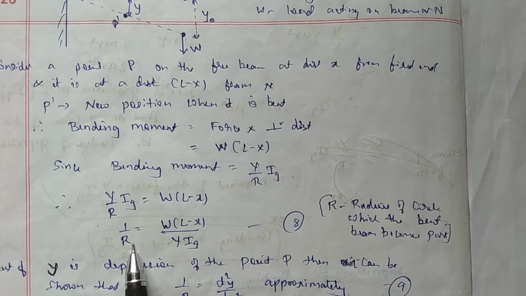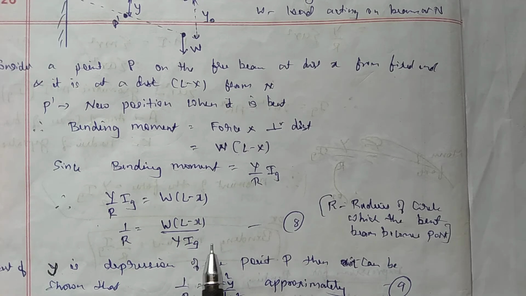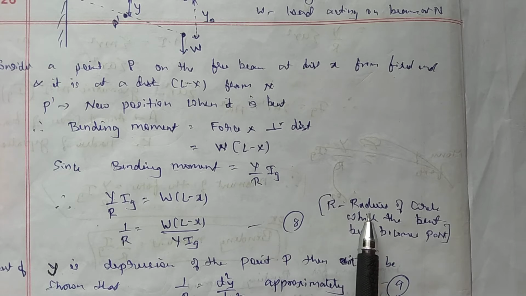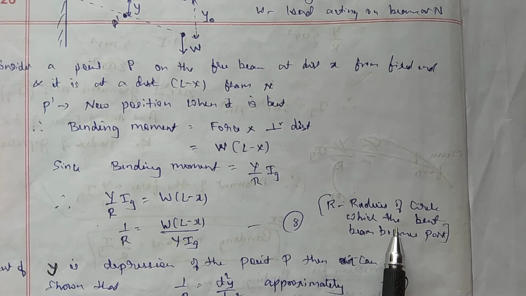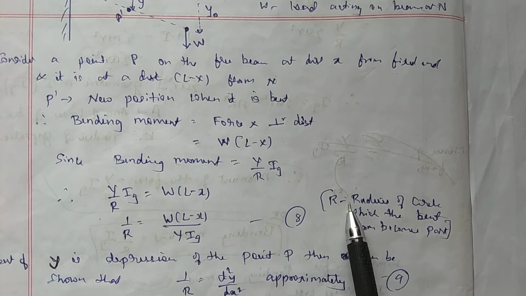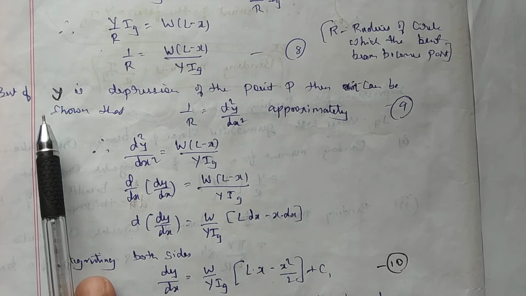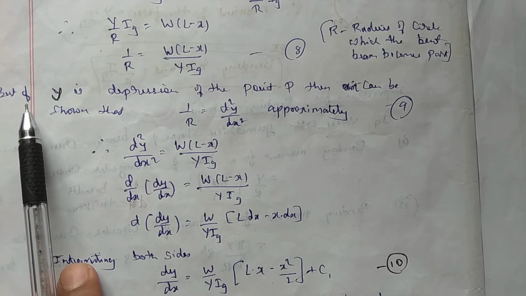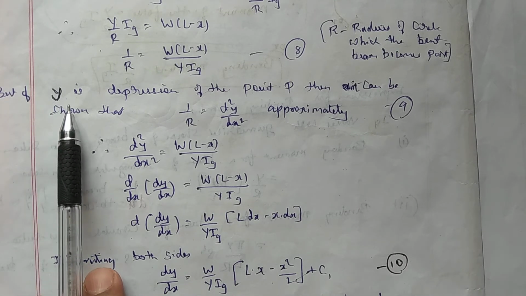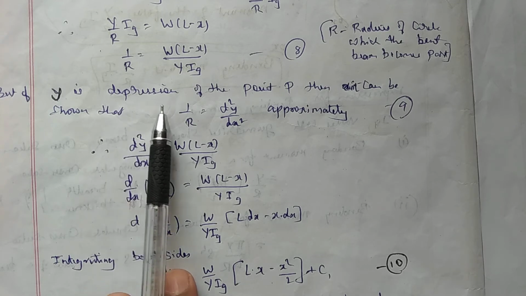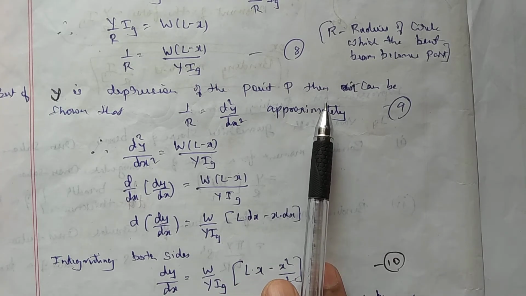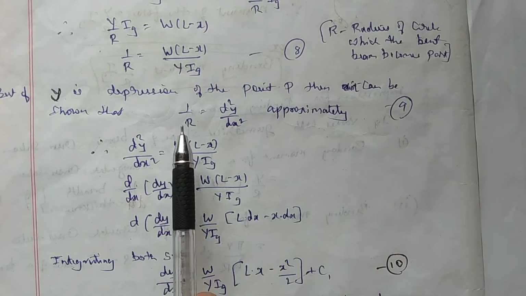Rearranging the terms, we get 1 by R is equal to W into L minus x by Y into Ig, where R is the radius of the circle of which the bent beam becomes a part. But here y is the depression of the point P, as shown here.